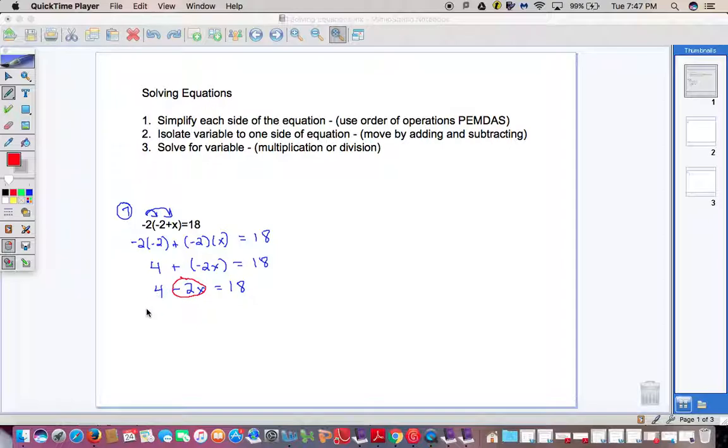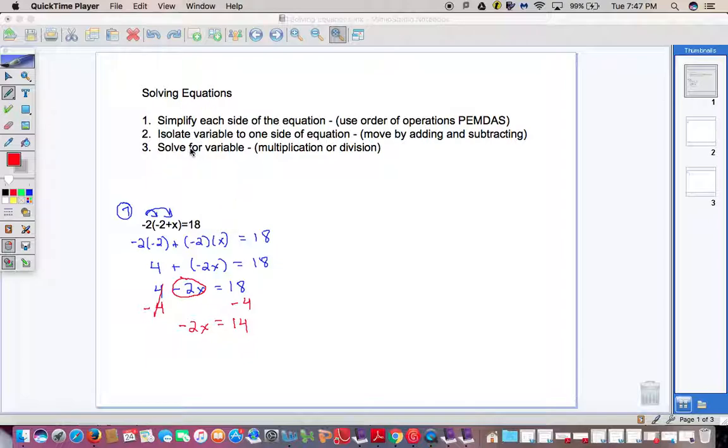So if I want to cancel it, I need to do the opposite. So I'm going to subtract 4 from each side of my equation. And when I do that, 4 minus 4 is 0, so I'm left with -2x equals positive 14. Now, I have completed step 2. I've isolated my variable term to one side of my equation.